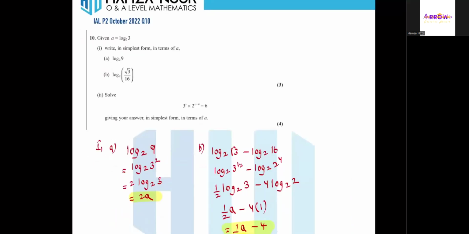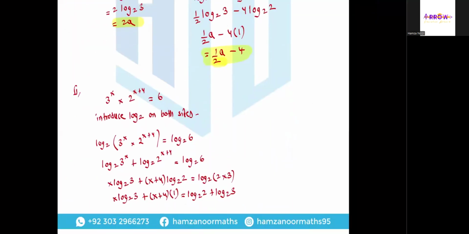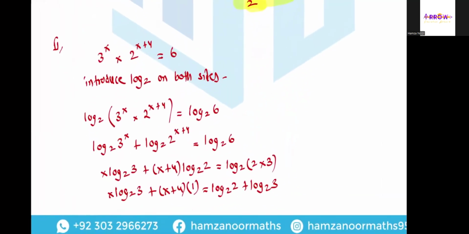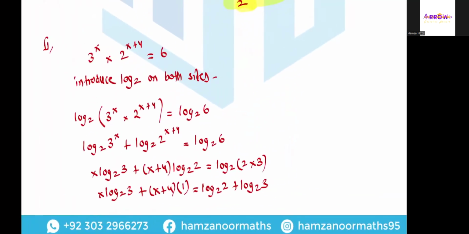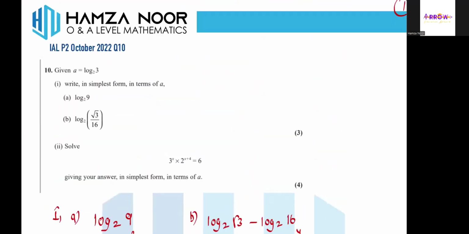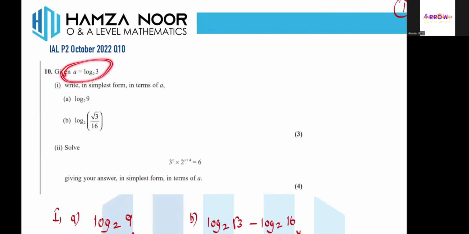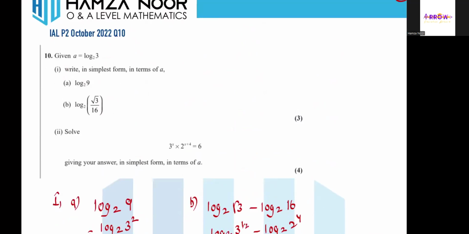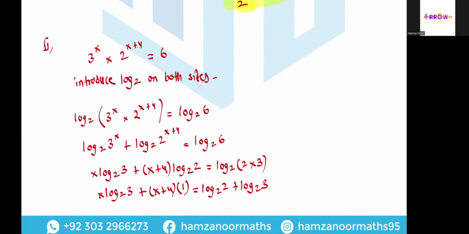Here I have discussed this part 2 in two approaches. First of all, we have this equation 3 raised to the power of x multiplied by 2 raised to the power of x plus 4 is equal to 6. And since we want our answer particularly in terms of a, and here the base of the logarithm is 2, in the first step I can say introduce log with base 2 on both sides.